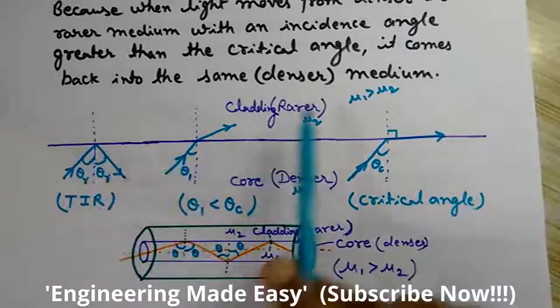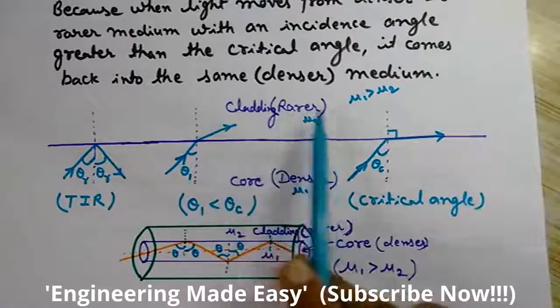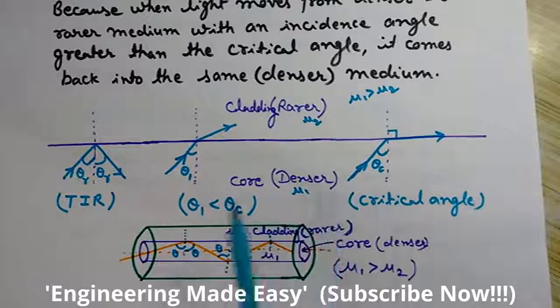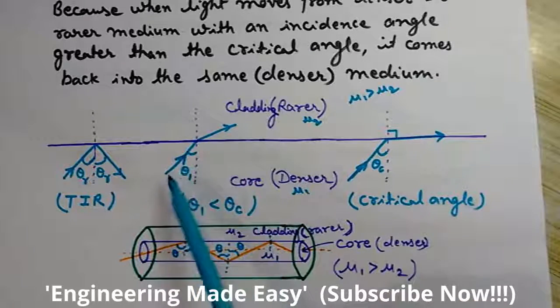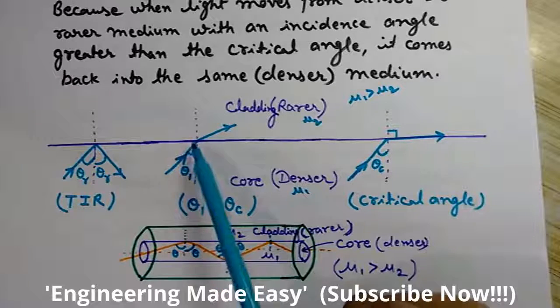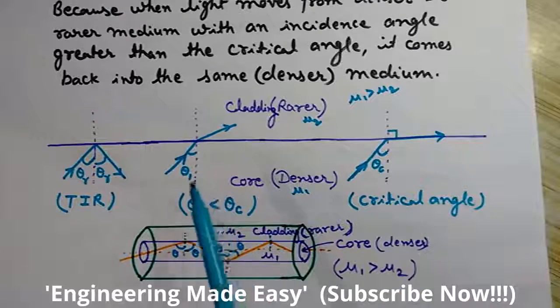Here we have the denser medium and here we have the cladding's rarer medium. So suppose here is the cladding, the rarer medium having mu2, and here is mu1, and when the light ray moves from this core to this cladding, at this interface of core cladding, the refraction phenomenon takes place.